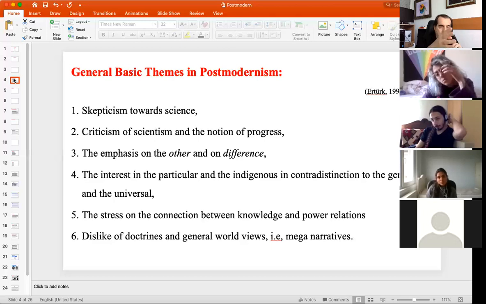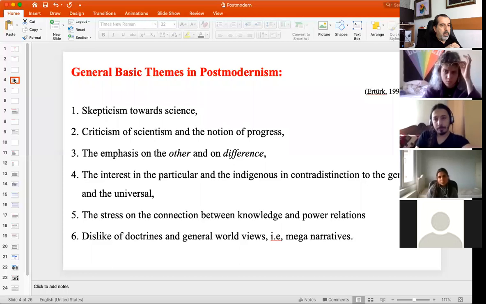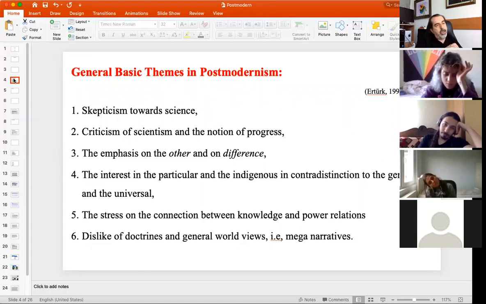I'm going to give an example for this in due course, but still, especially with the rise of postmodernity, these criticisms became very sharp and strong, and started to be directed at Enlightenment ideas, basically. And in this respect, we can distinguish some important general themes or theses in postmodernist thought.